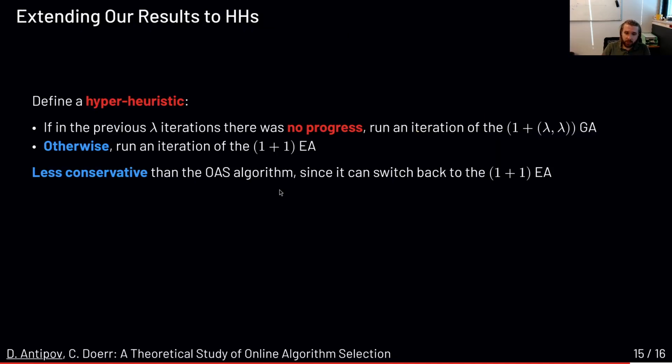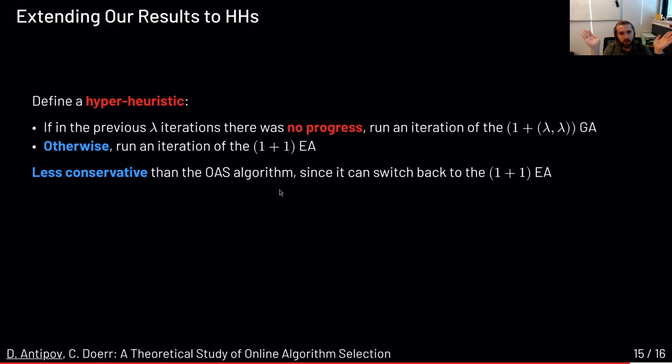But at this moment, I would just like to say that we also used a more hyperheuristic approach for selecting between the 1+1 EA and the 1+(λ,λ) GA, and this approach can be described as follows. Let's say that if in the previous λ iterations there was no progress, then we run an iteration of the 1+(λ,λ) GA, otherwise we run an iteration of the 1+1 EA.